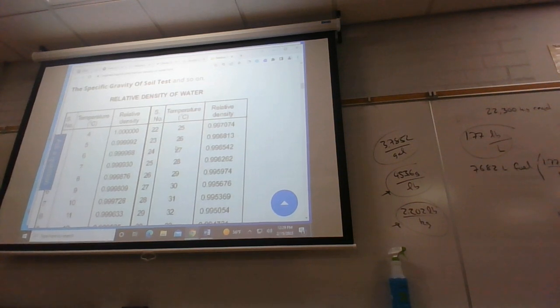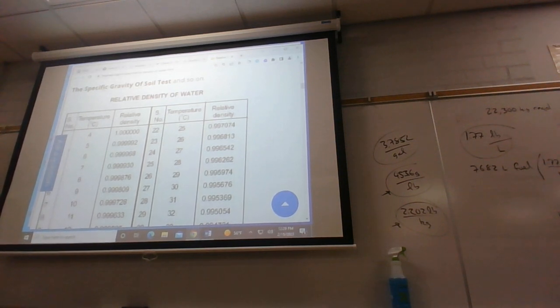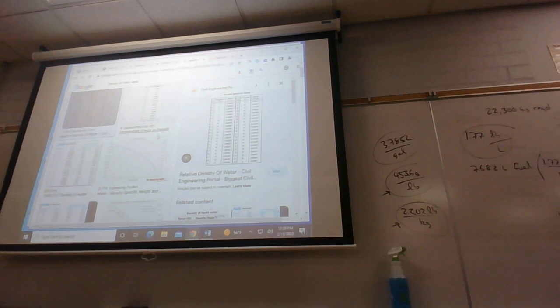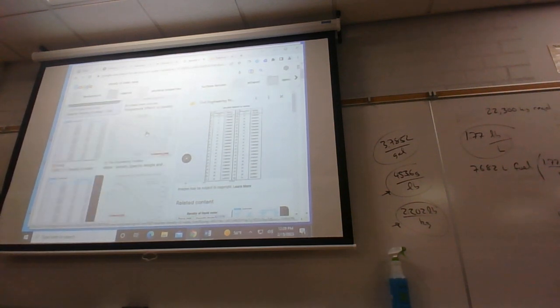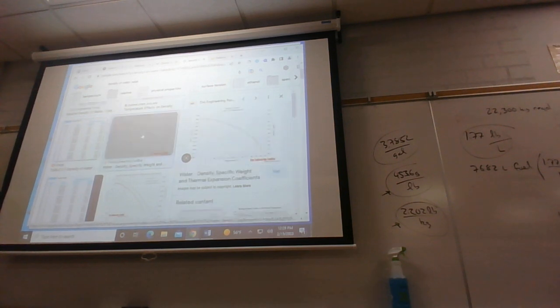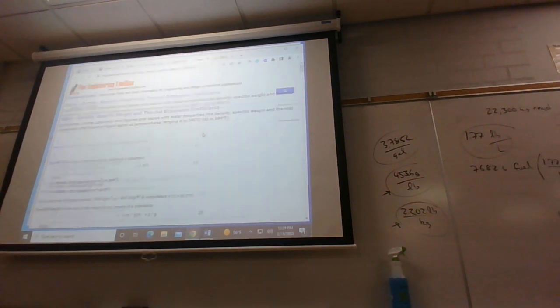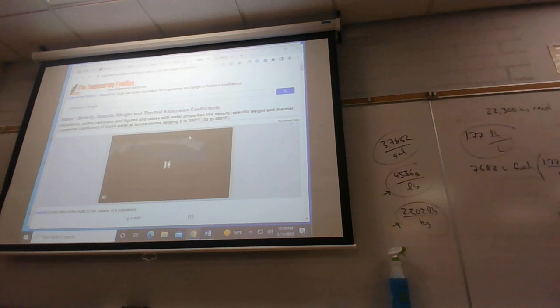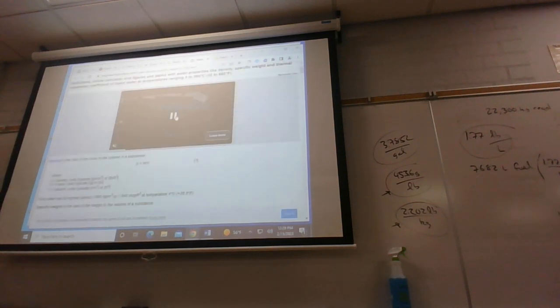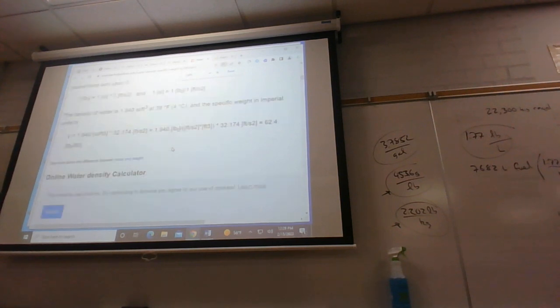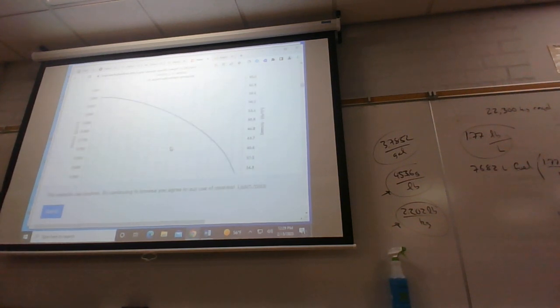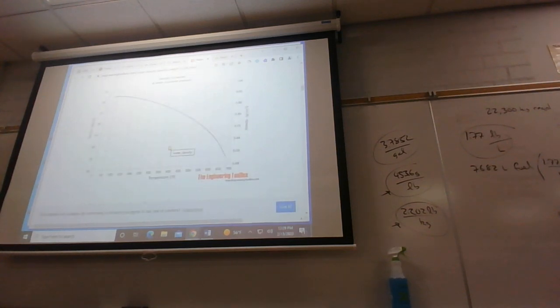If we take all this data and graph it, is this linear or non-linear?